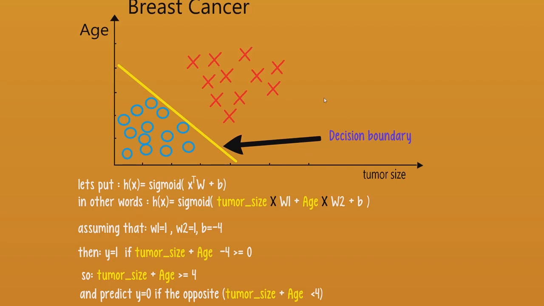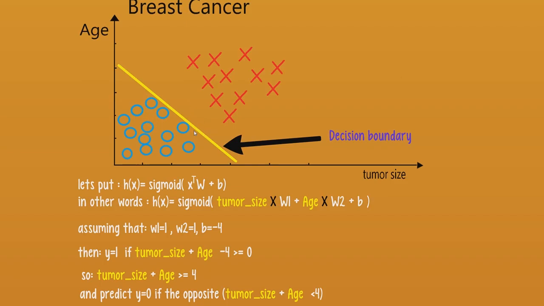And this is what we wanted to get to from the beginning. This line, the line that splits the data, is called the decision boundary. Why? As you may guess, it's kind of obvious, because this line is where we make the decision: is it malignant or not.